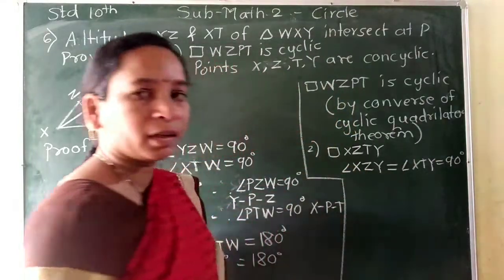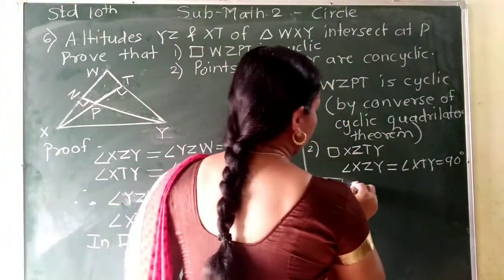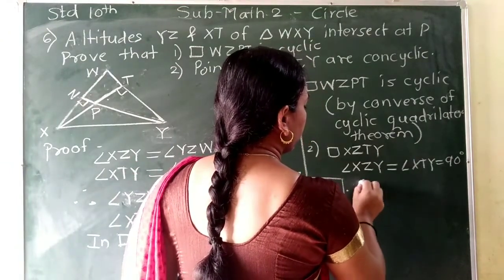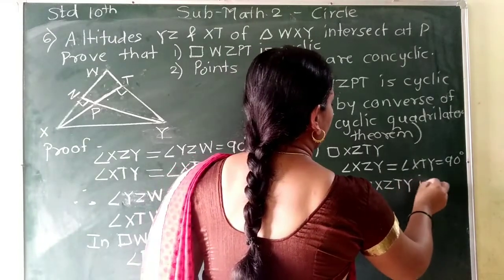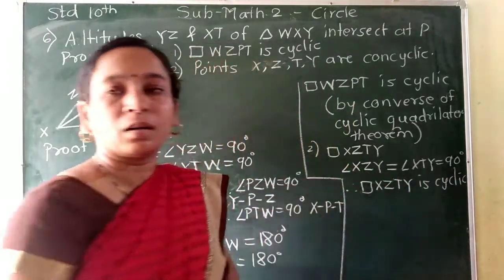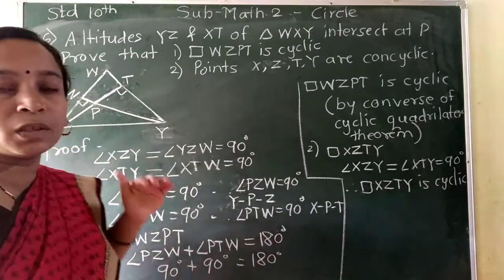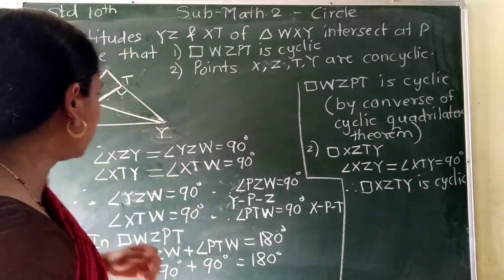If these are 90 degrees, it becomes a cyclic quadrilateral. Therefore, quadrilateral XZTY is cyclic. For this we cannot give the reason of the converse of the cyclic quadrilateral theorem, but here we know one more property. So what does the property say?